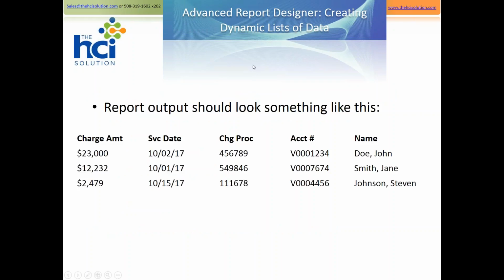And the report output of the special report trailer section should look something like this, where we have 5 separate columns with the charge amount, and all of these rows will be sorted by that charge amount, so the highest charge first.